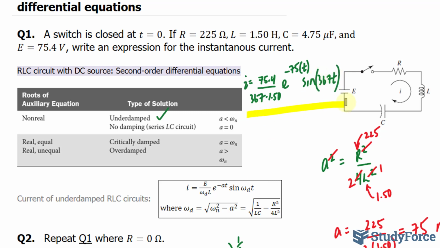This right here represents the current of the underdamped RLC circuit that we're working with. Let's move on to question 2.